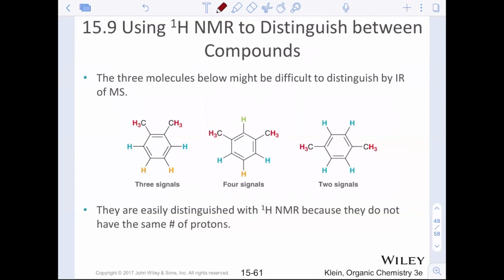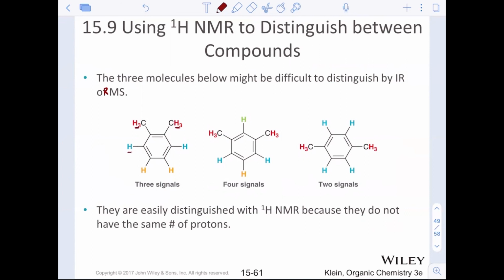Using NMR for an aromatic compound, these 3 molecules might be difficult to distinguish by IR or mass spec. But what's great about NMR is that they are more easily distinguished because of the equivalent sets of protons, right?